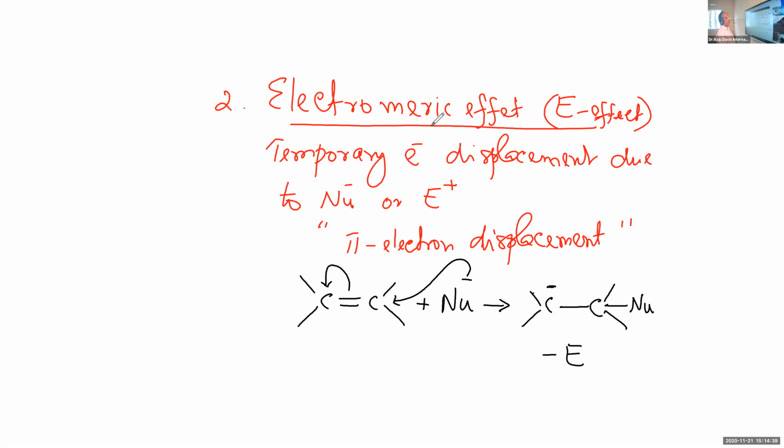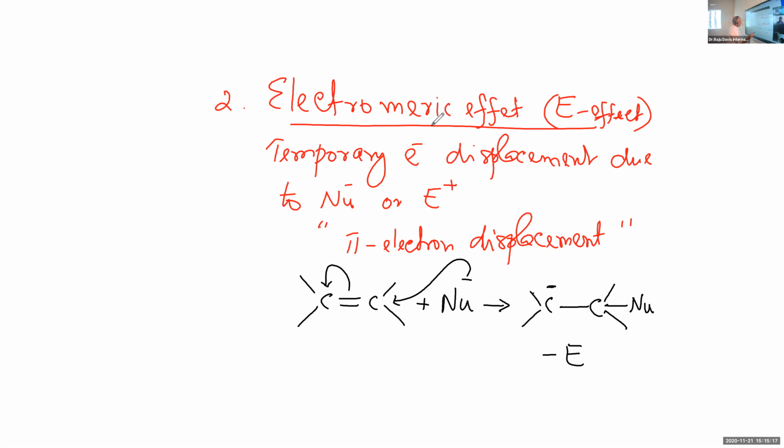So when a nucleophile or a negative ion is attached to a pi bond, it is a negative electromeric effect. It's a temporary change. Suppose the nucleophile is withdrawn, then the reversal takes place. The same old structure of the double bond is formed again. So this is a temporary change due to the requirement of an approaching nucleophile or electrophile.